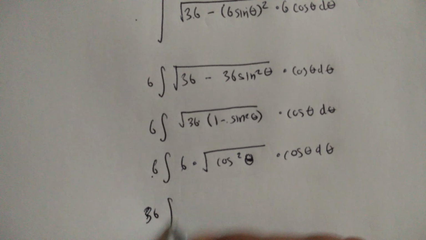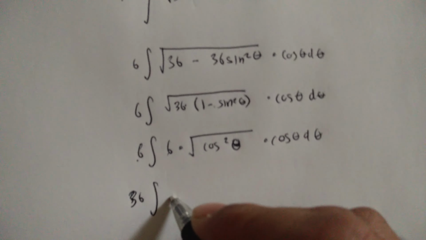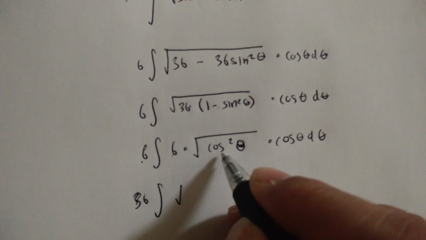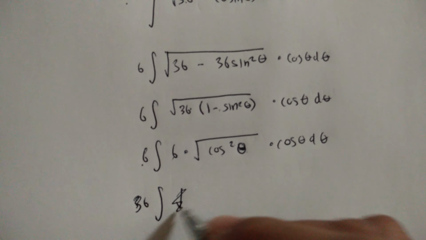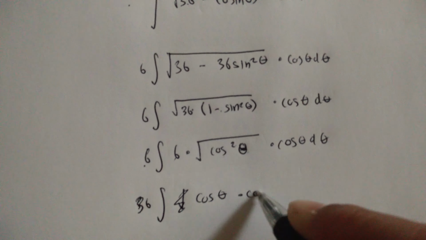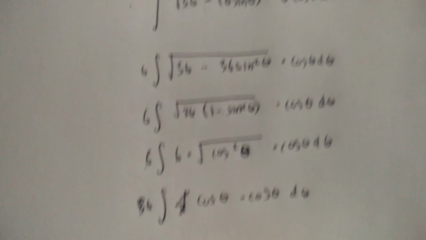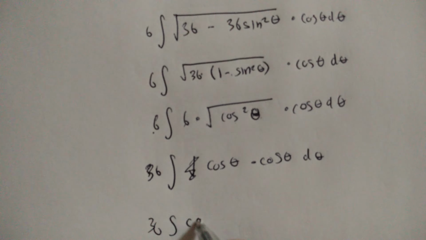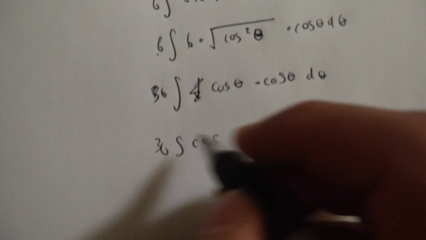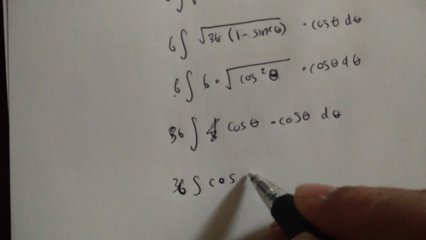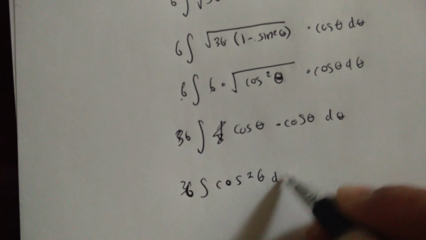Take the 6 outside and multiply and you get 36 multiplied by cosine squared theta, which just turns into cosine theta multiplied by another cosine theta d theta. You get 36 cosine squared theta d theta.